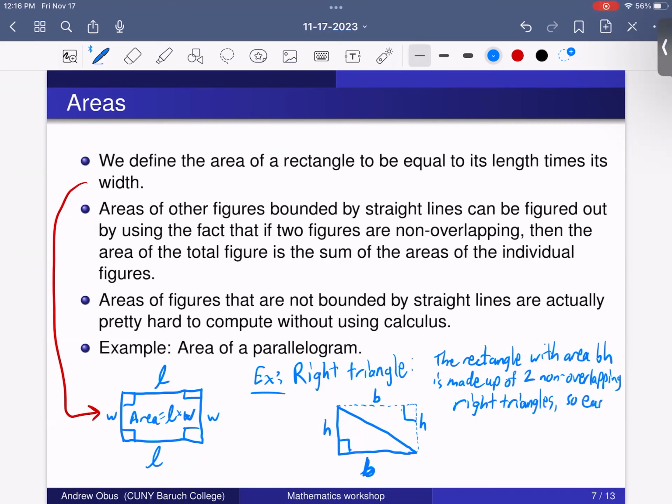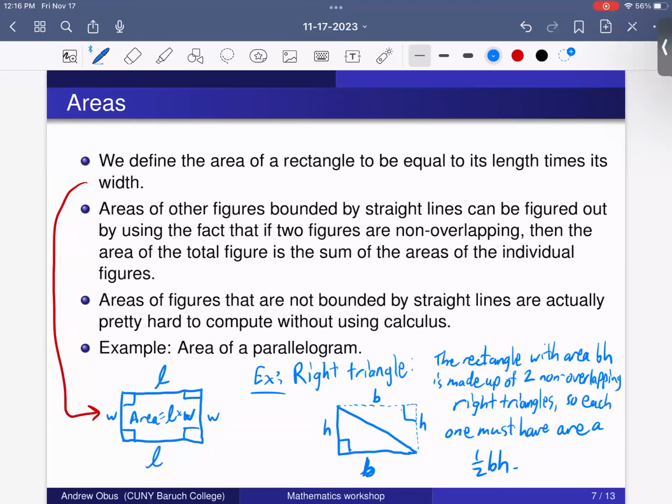So each one must have area 1/2 base times height, because the 2 of them together make up the rectangle, which has area base times height. Each of the 2 right triangles, which are congruent, you can get one by flipping it around and superimposing it on the other one. That means they each have to have area 1/2 base times height.